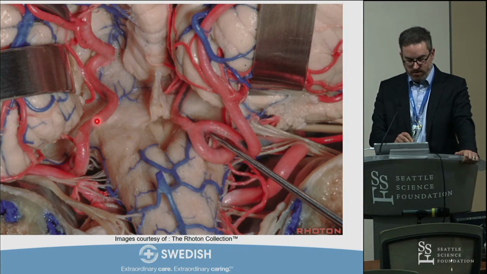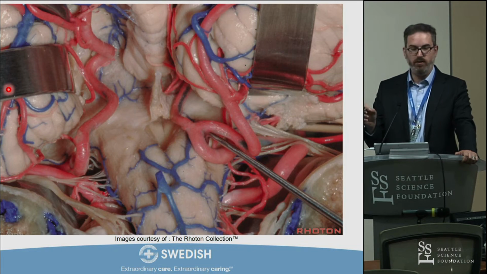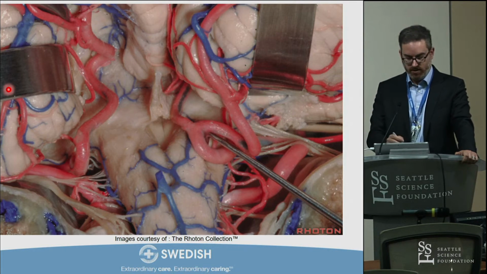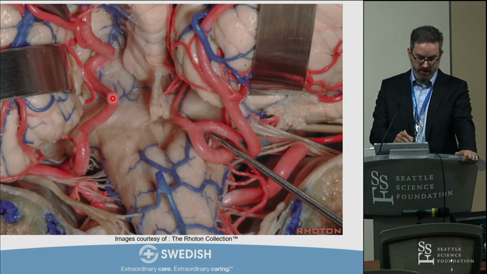Typically, in order to expose the tela and the medial portion of the velum, you're going to have to retract PICA laterally. But if you want to work on a lesion out in the lateral recess towards Luschka, you're actually going to have to retract that loop caudally and work above it to expose the recess, because when you retract it laterally, PICA is covering that area.